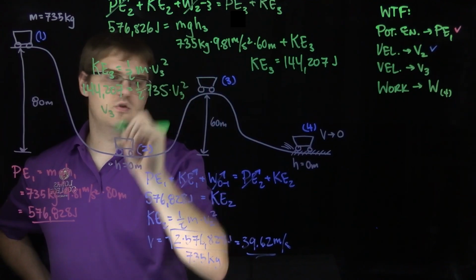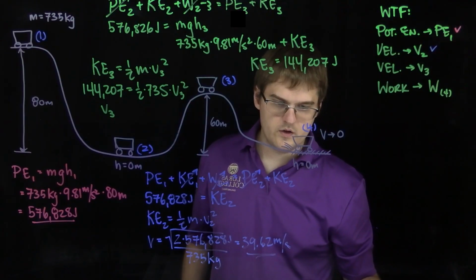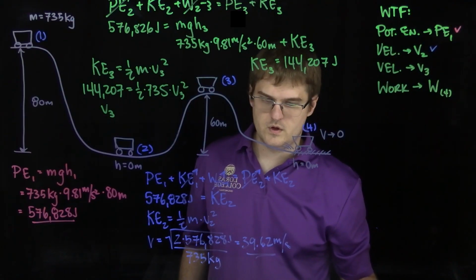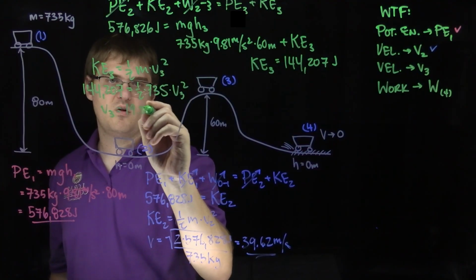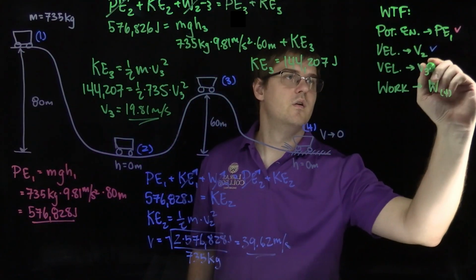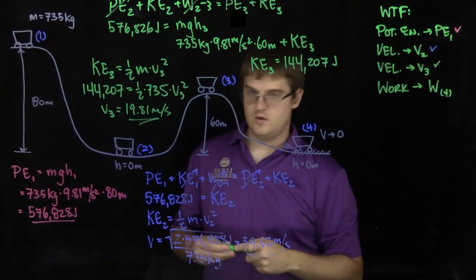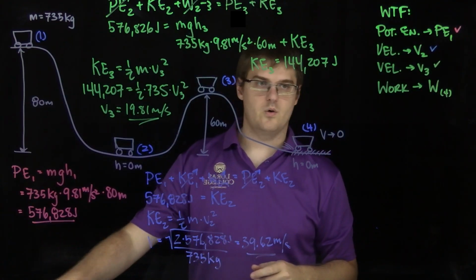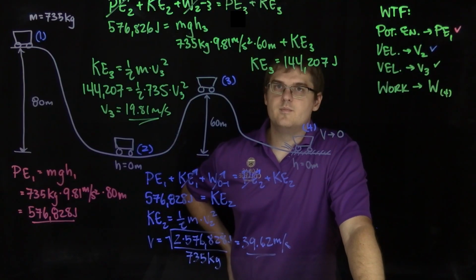I get a value for V3 of 19.81 meters per second. Velocity 3 is taken care of. Okay. Those 3 are the easy 3.